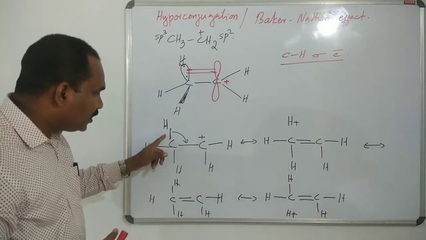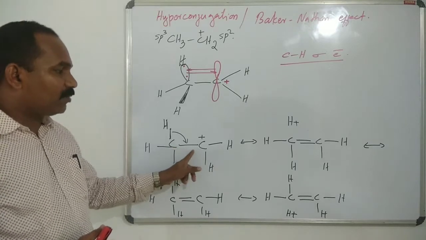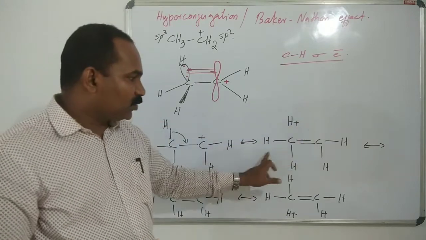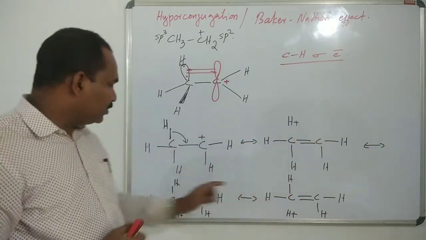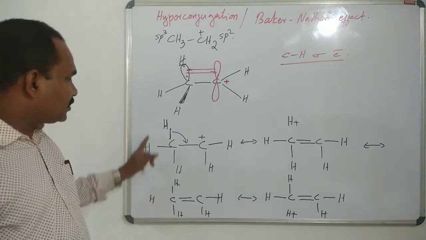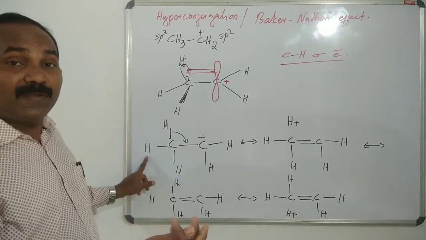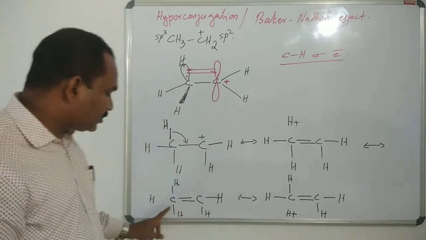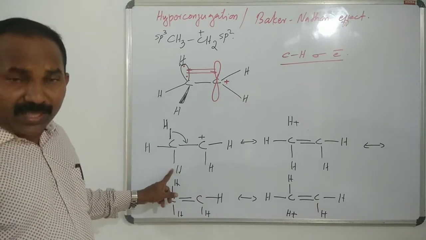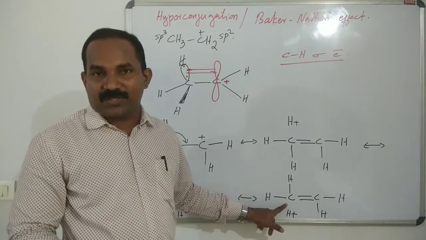How does it take place? The bond electron is shifted between the two carbon atoms, and a double bond is formed. This hydrogen is positive, and 2 other hydrogen atoms are there. Another possibility: this hydrogen is involved in the hyperconjugation, and a second possibility is this hydrogen. The structure is this one. And the third hydrogen involved in the hyperconjugation gives another structure.